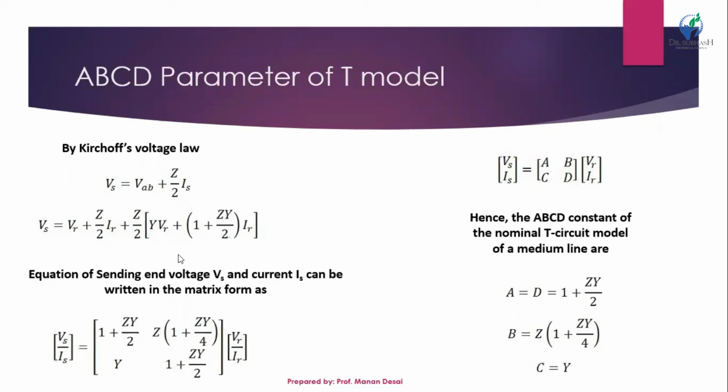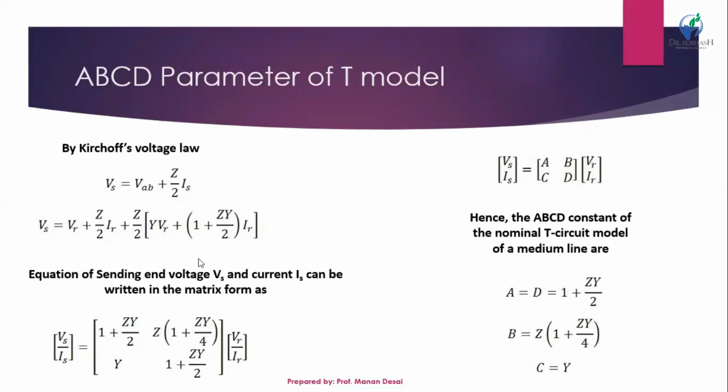Now the equation of sending end voltage Vs and current Is can be written in matrix form. Vs and Is are equal to, first we take the VR term. Combining both VR terms, we derive 1 plus ZY by 2.